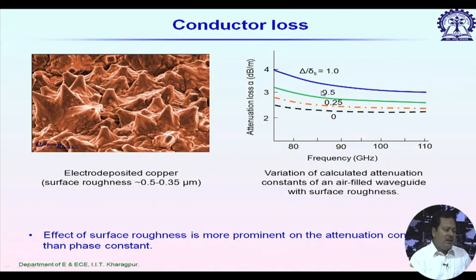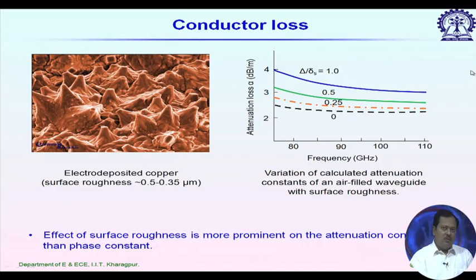If I increase delta, let us say 0.25 to 1, this is capital delta by small delta s, which represents the surface roughness with respect to the skin depth at the midband frequency, we see that alpha c is increasing, and at the lower end it can be as high as 2 times the original value. The conclusion is that surface roughness changes alpha c.